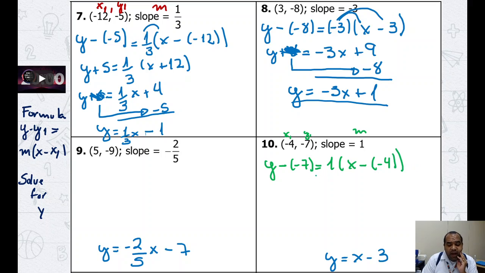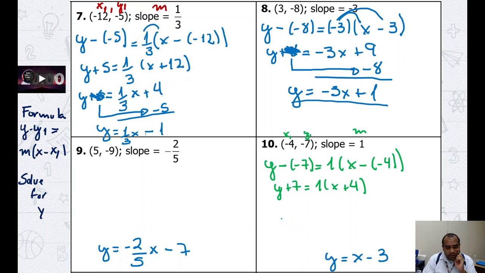Great. Right now, just rewrite the equation as a positive, like negative times negative is positive. Like here, y plus 7 equals 1x, negative times negative, positive, plus 4.